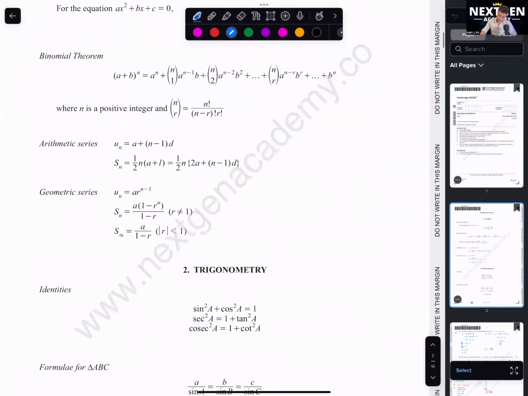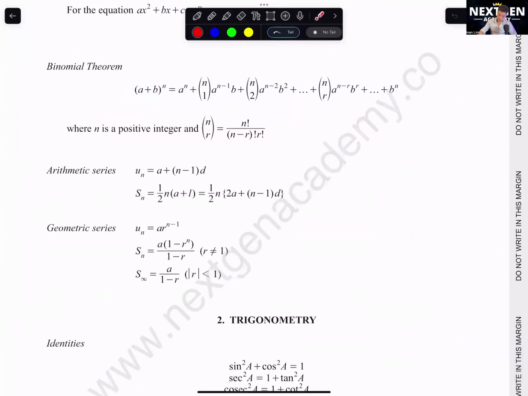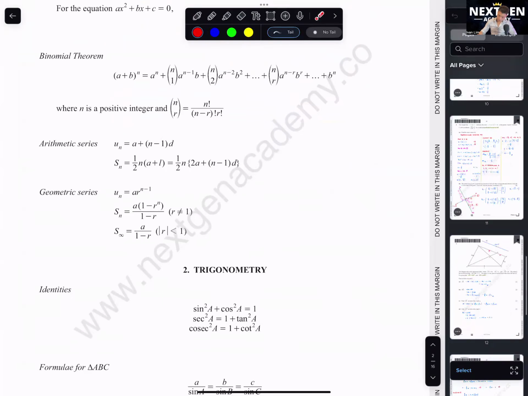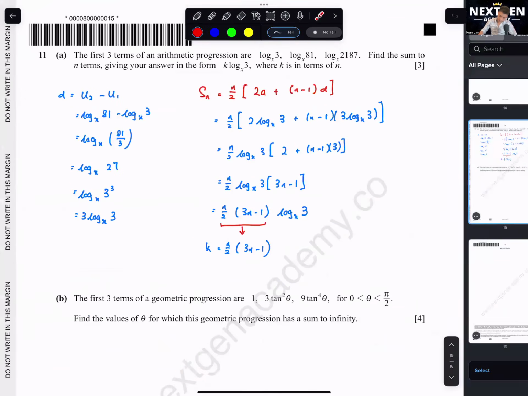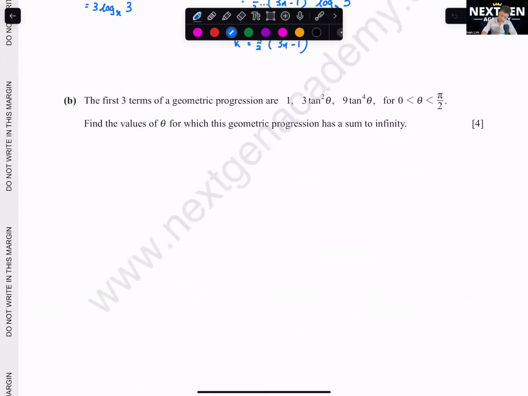Okay, less than 1. So we write down the condition. Every time we do sum to infinity, you refer to this one. This is the value of the sum to infinity, and the condition is this over here. Now how do we expand this? We'll make it like that: minus 1 to plus 1. What is r first? Let's calculate the r value.